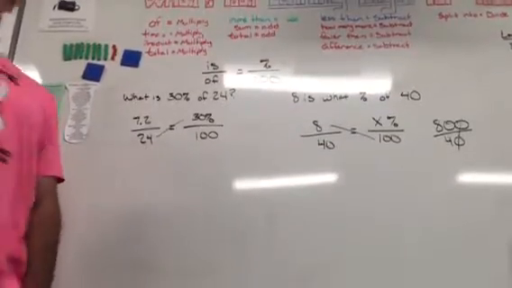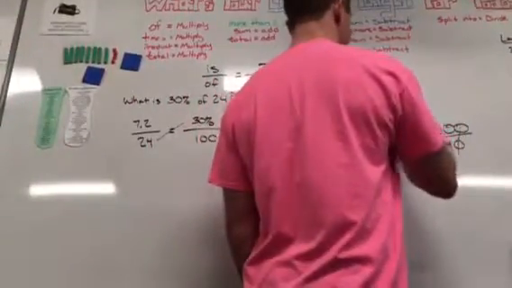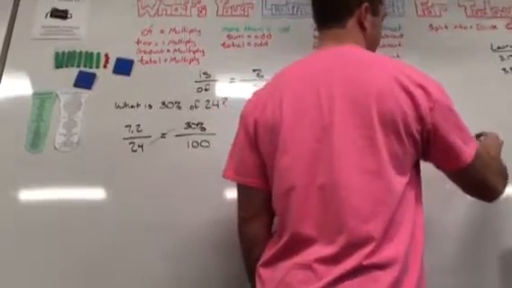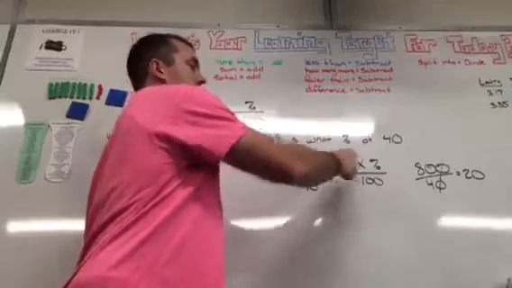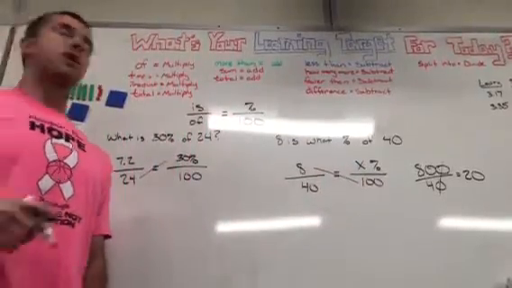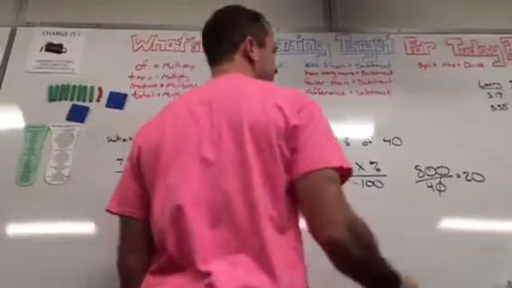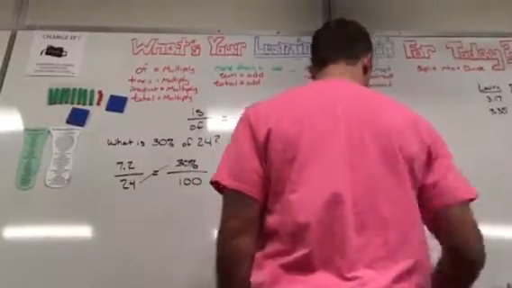That's 20. Good. So x would be 20. So it's 20%. 8 of 40 is 20%.